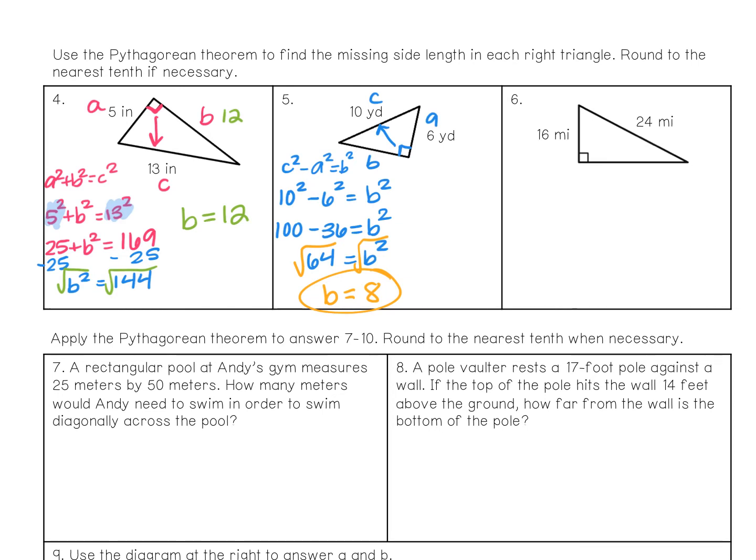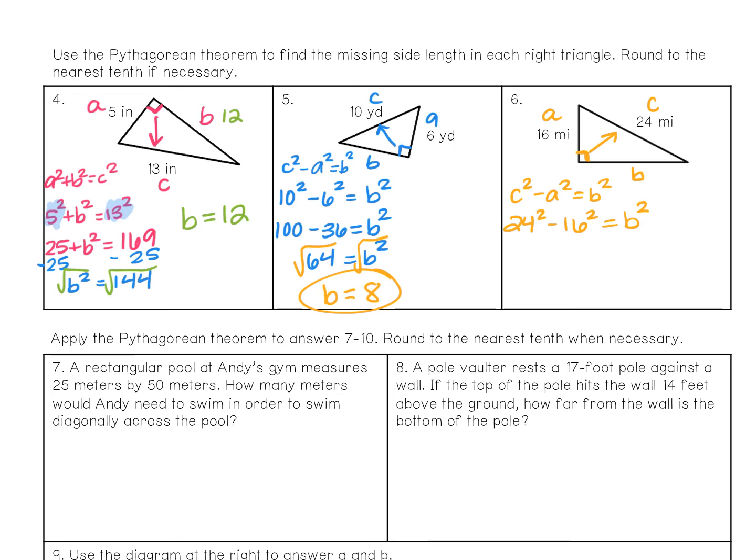In example 6, again, I'm looking at that right angle. The side across from it is C, so I know I've been given the hypotenuse, and I've been given one of the legs. So I'm going to do C squared minus A squared equals B squared. So 24 squared minus 16 squared is going to give me B squared.